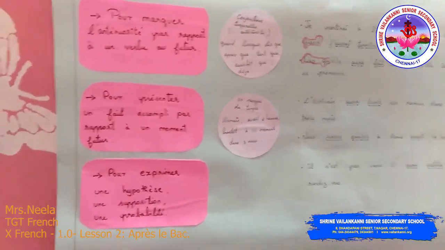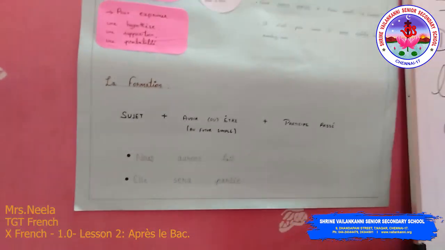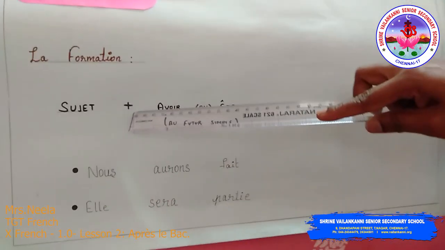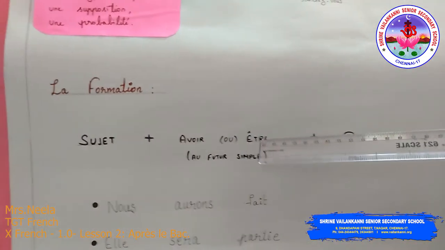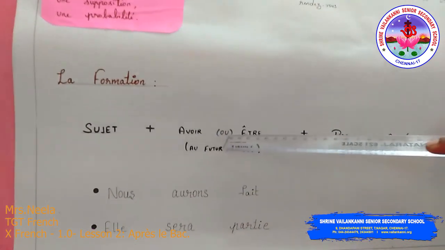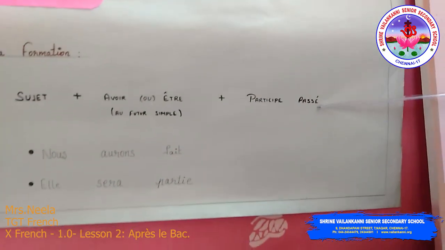Now we will see the formation, how you will form the futur antérieur. First you mention the sujet plus avoir ou être plus participe passé. You are aware of this, right?